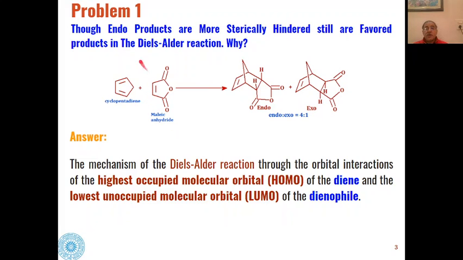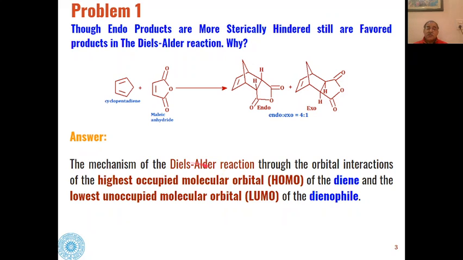For example, if we take cyclopentadiene as the diene, and this maleic anhydride will be acting as a dienophile, then we will get this type of Diels-Alder adduct formed, which may either be endo product or exo product, and these are formed in a 4:1 ratio, the endo product being formed as a major product, although this is more sterically hindered.